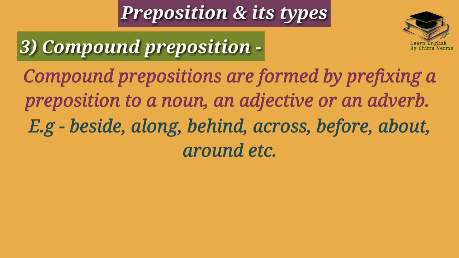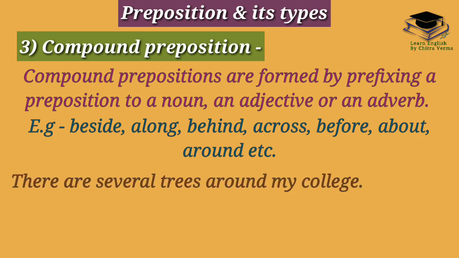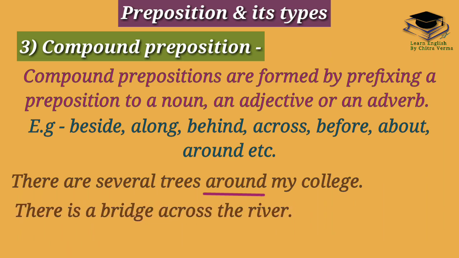Now let us form some sentences using these prepositions. There are several trees around my college. Here, around is the compound preposition. The next example is, there is a bridge across the river. Here, river is the noun, across is a compound preposition.